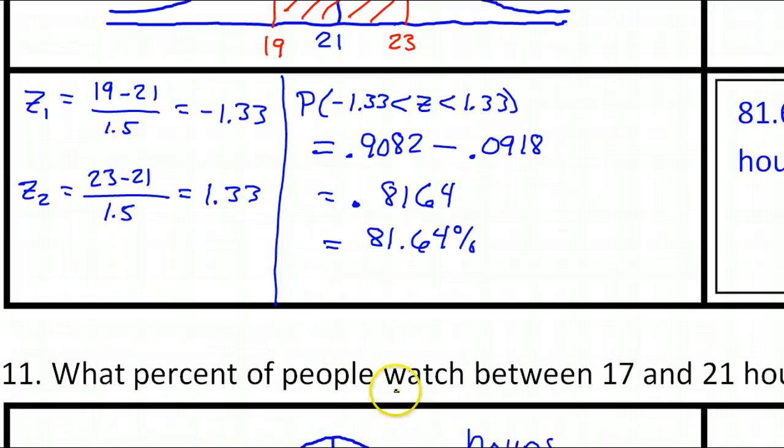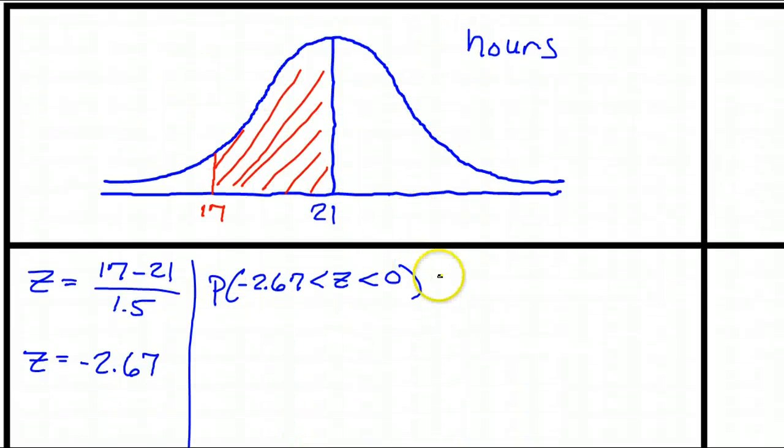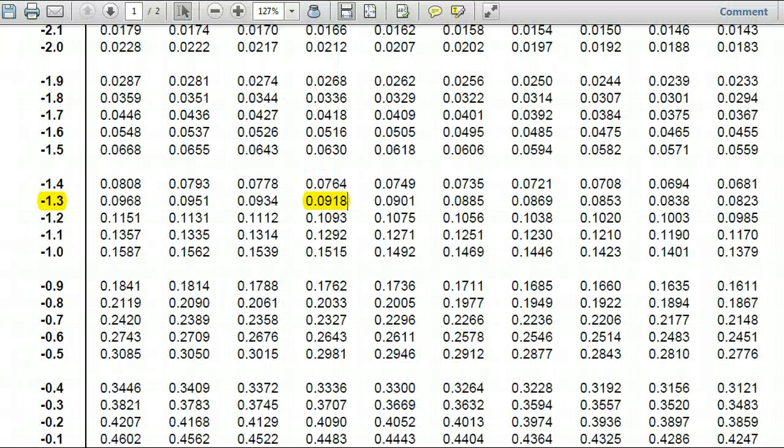Okay, that's what I'm looking for. Now when I have two z-scores like this and I want to find the proportion between them, I'm going to wind up subtracting the larger one minus the smaller one. So 0 is actually the larger one. So I'm going to start with a z-score of 0.